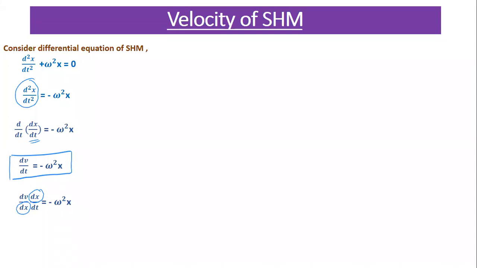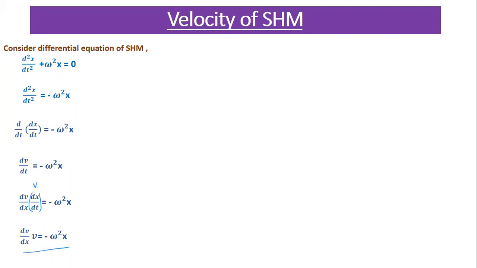Now dx by dt is velocity, and dv by dx stays as it is.